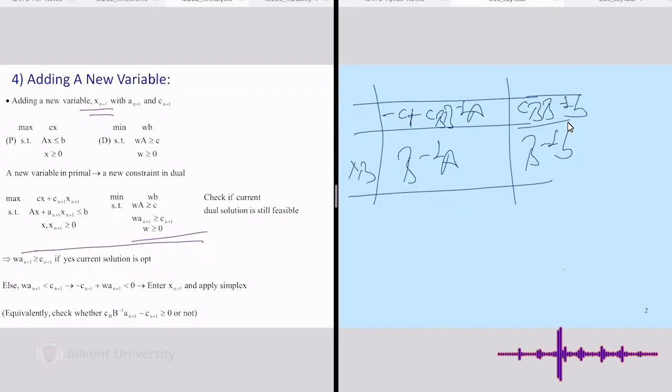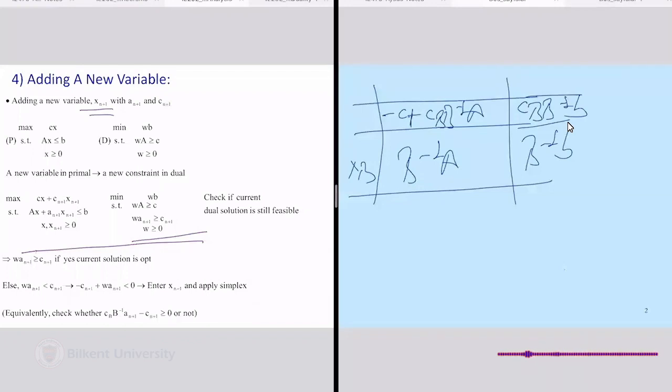So I may think, okay, I'm not producing that new variable, whatever it is, here it's going to be X7. I'm treating it at 0 level. So my current solution with X7 being 0 will be feasible, right? So the question is, is it still optimal? Is this new product, X7, more profitable to put in the solution?